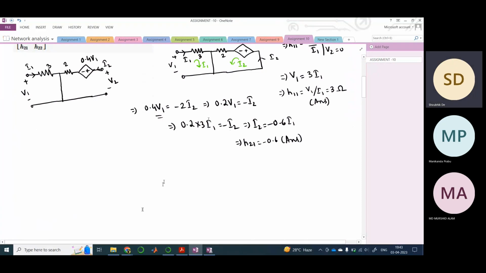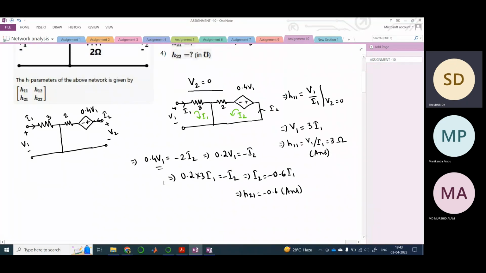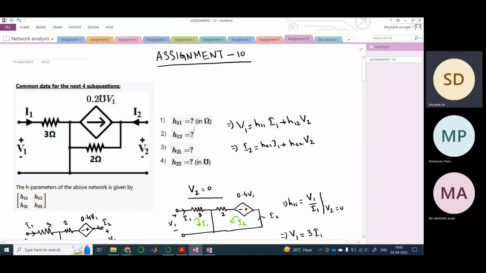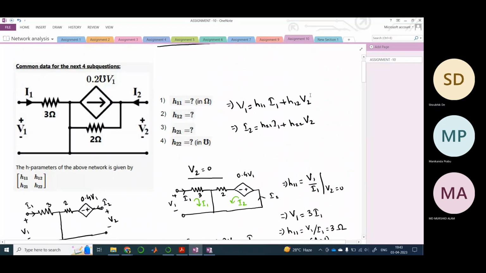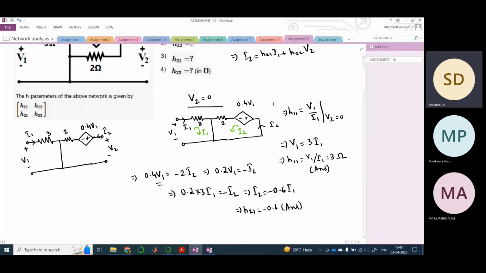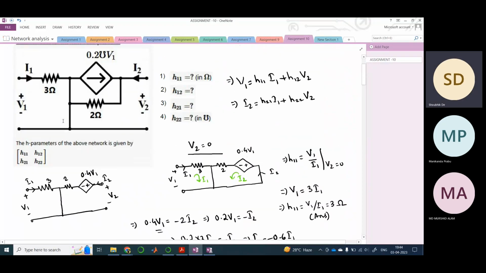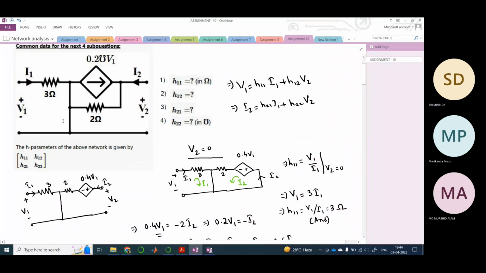Okay, so I hope you understood this, Manikananda. Yes, sir. Okay, so see, we have found out H11 and H21. Now we need to find out H12 and H22. So for that, using this equation, now we have to make I1 equal to 0, or open circuit the input terminal, right? The same thing here.